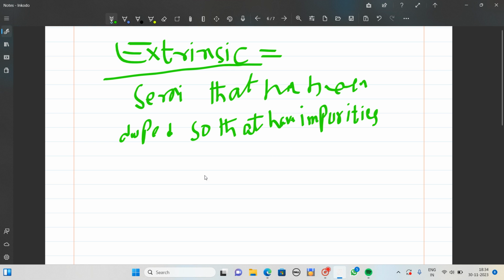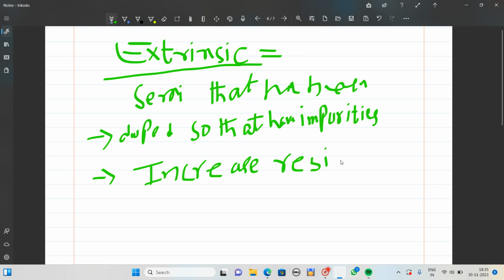So the question arises, why are they doped? They are doped to increase the resistivity of the material.